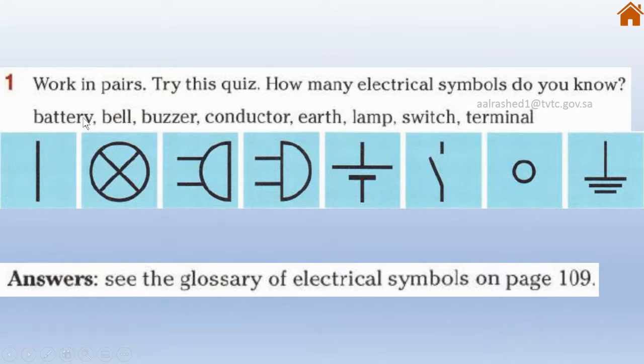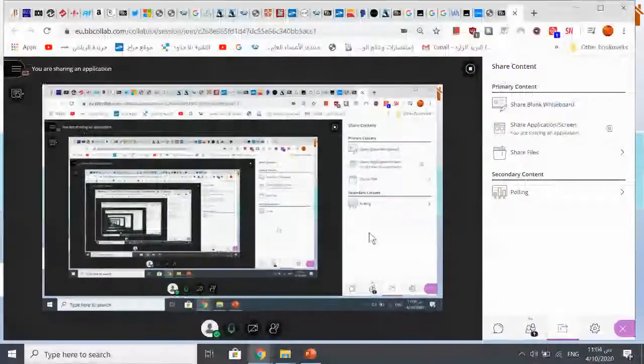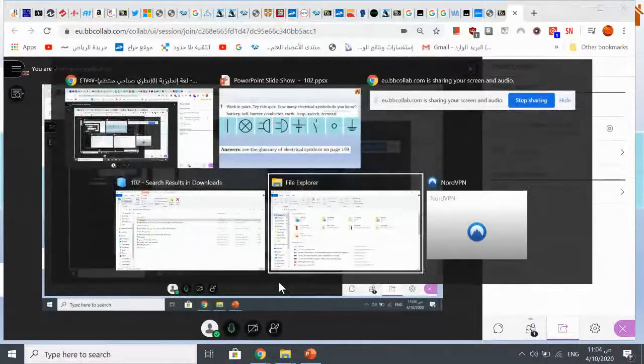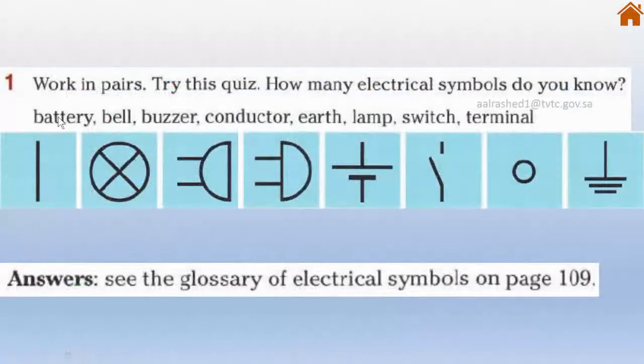These are the vocabulary, and here we need to match them. So we have battery, bell, buzzer, conductor, earth, lamp, switch, terminal. We'll try now to match each one of these with this vocabulary.